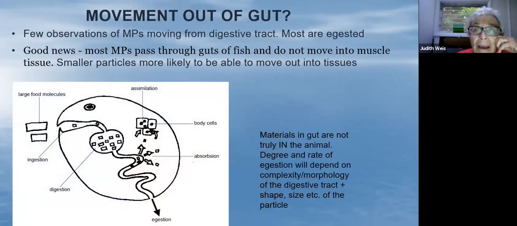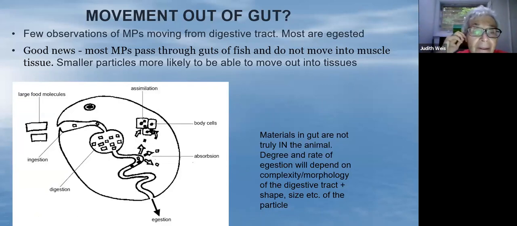So thinking about what problems can be caused, I just like this schematic of an animal. What you're seeing is the gut, with the mouth end and the anus end there. When you look at it as a schematic, you could say that materials in the gut are not really in the animal.